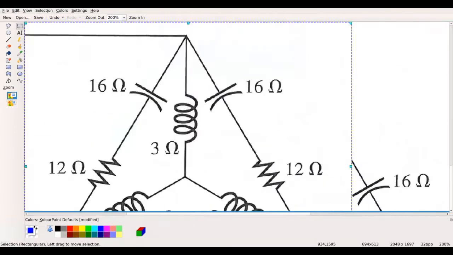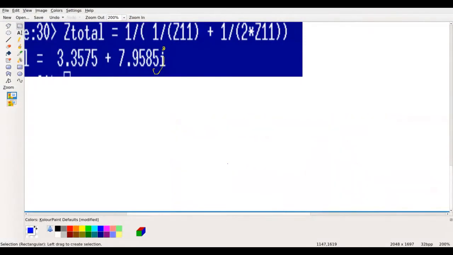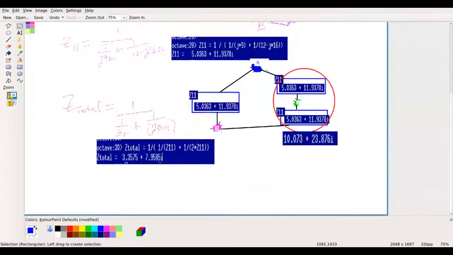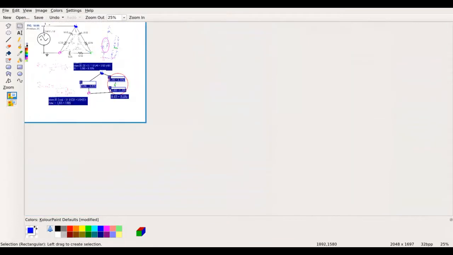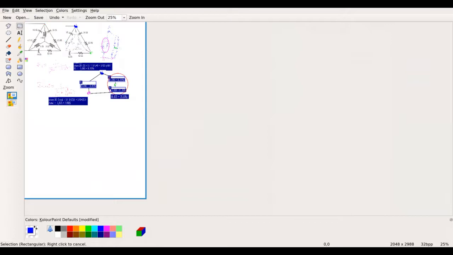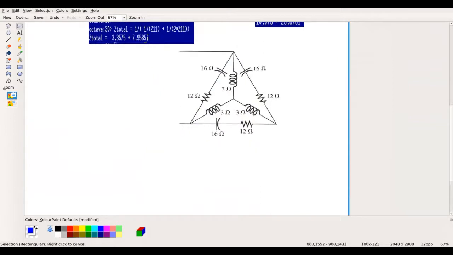So just as a reminder, the original circuit looked like this.